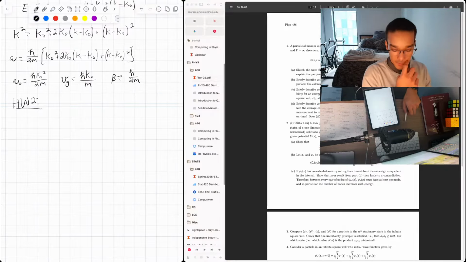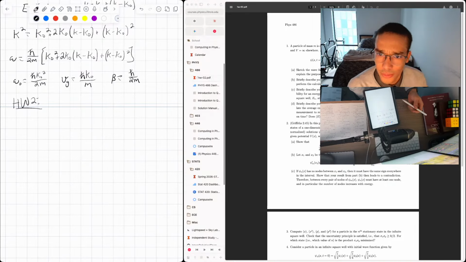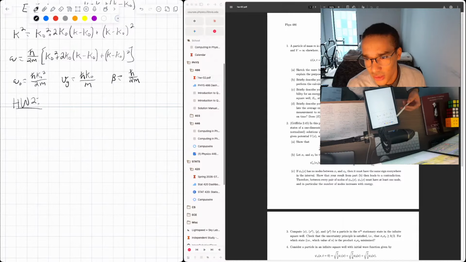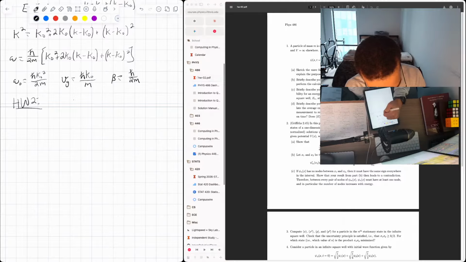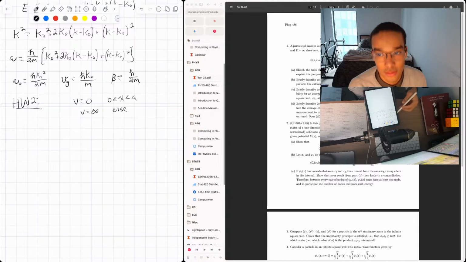Okay. So, homework 2, question 1. Yeah, infinite square well is pretty easy. So infinite square well, v equals 0 in the well, and v equals infinity else. Okay.